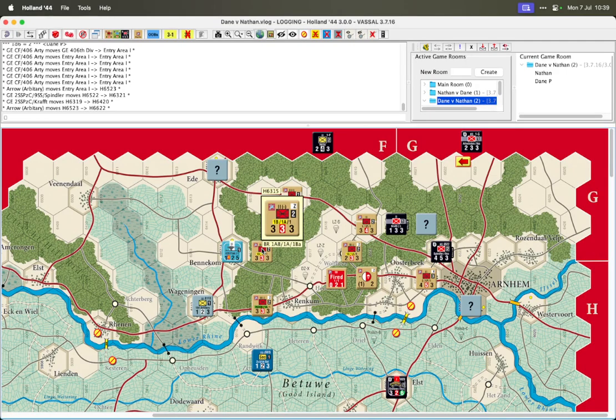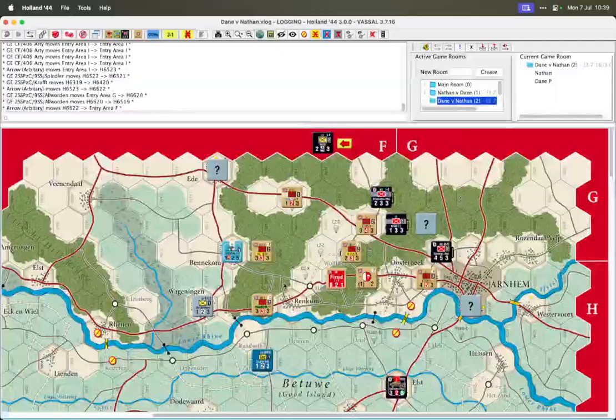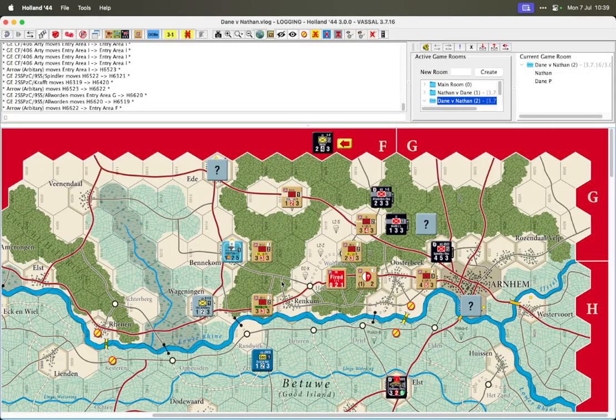This unit is going to go there. He's going to move away from you here.